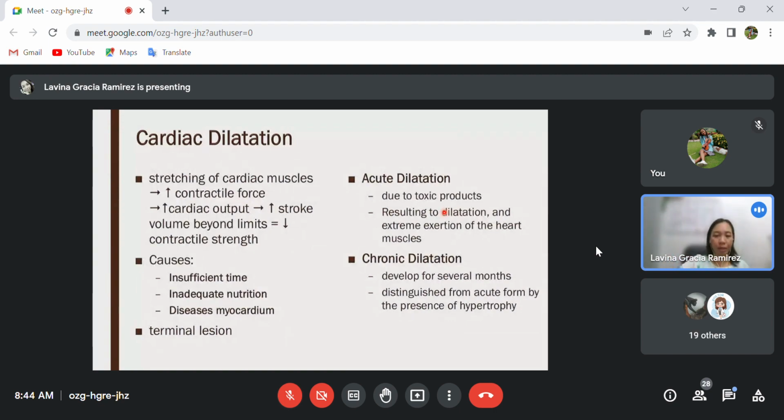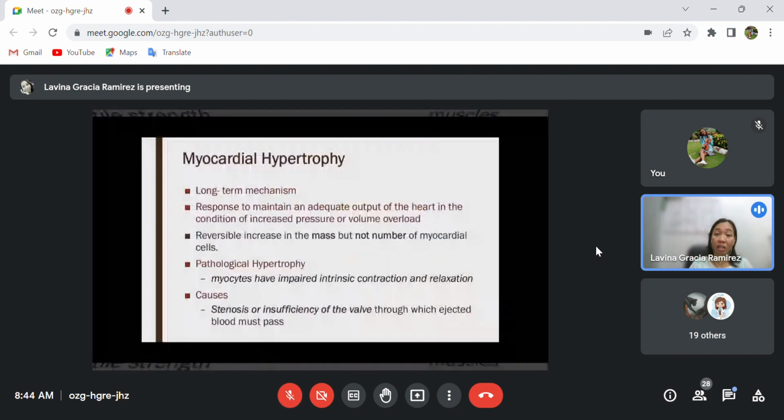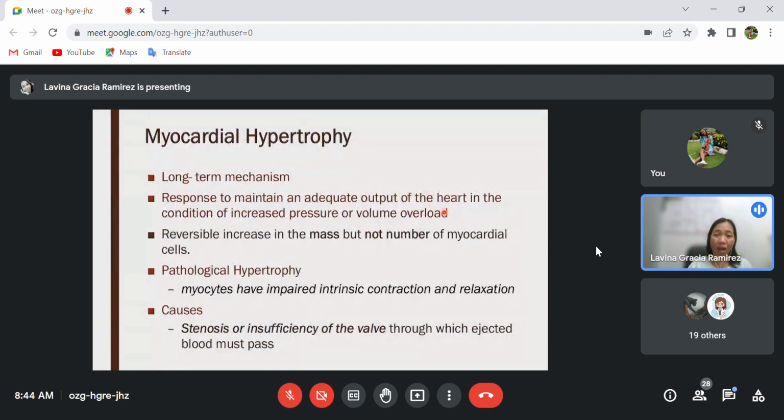So yun yung problema natin. Okay, so for myocardial hypertrophy, this is a long-term mechanism. Up to such point, the heart is still able to compensate. This is a response to maintain an adequate output of the heart in the condition of increased pressure or volume overload. So ito yung dalawang type ng hypertrophy.